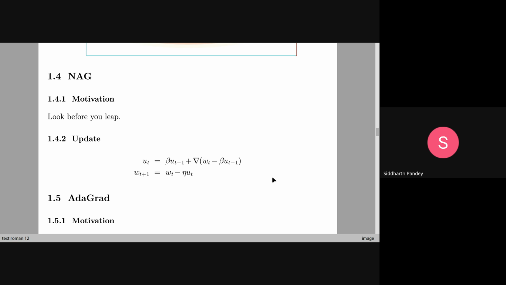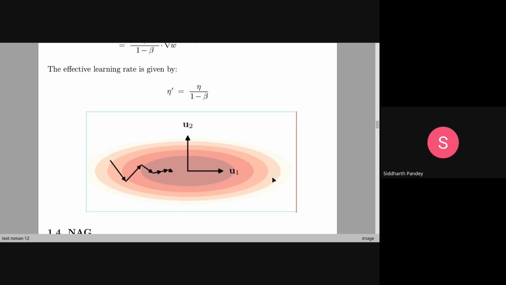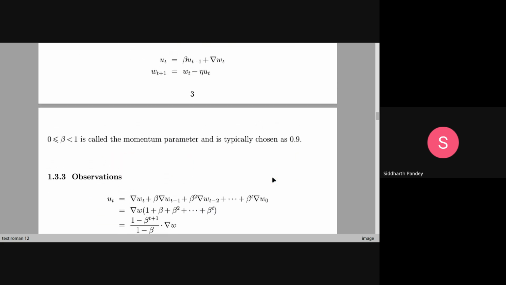If beta is 0.9, earlier we were taking 1 as the weight for the gradient, but now it comes down to 0.1. Doesn't that take down the value of the gradient added to the history vector too low? And doesn't that change the whole idea of why momentum is used, because it's used to speed up the entire process, right? That's a good point.